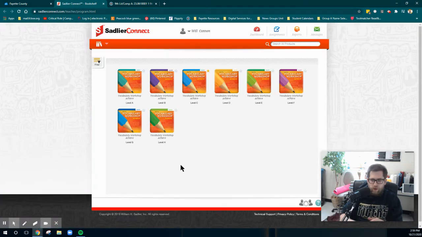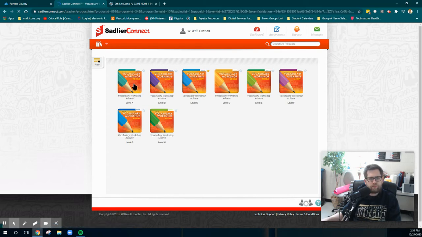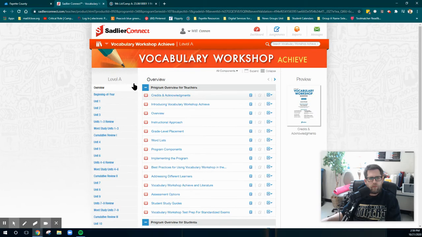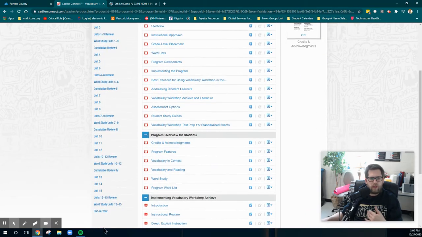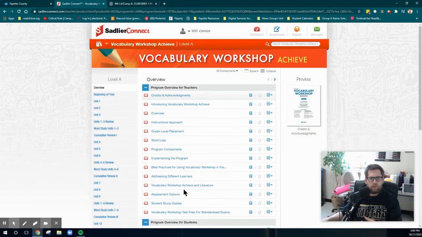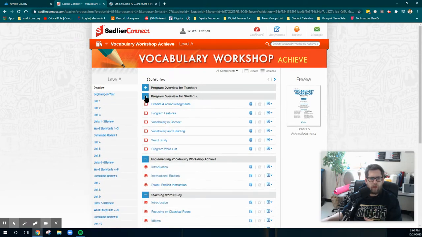Depending on your class, you are either using level A or another level. You should know. But when we click on level A, you're going to see this stuff on the left side, and then it will be collapsible tabs right here.